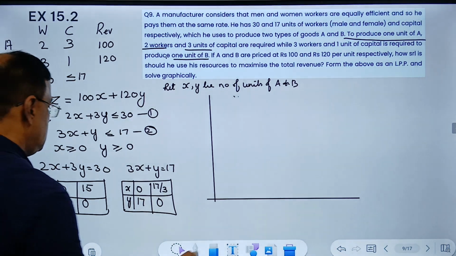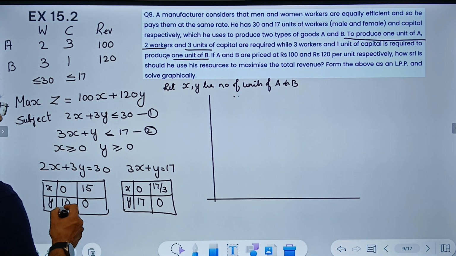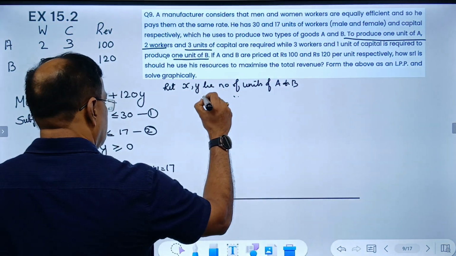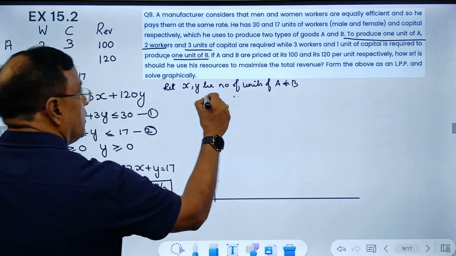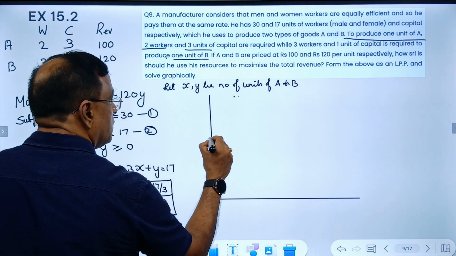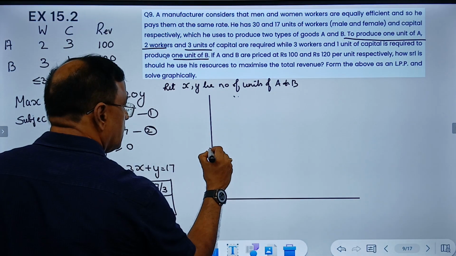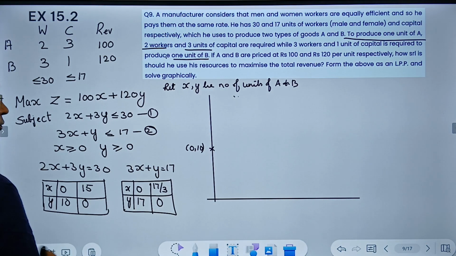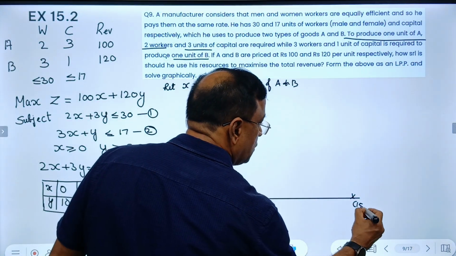So I'll just draw a rough diagram. 0 comma 10. So you are having 17 also. This is 0 comma 10 and 15 comma 0. Please plot it properly, you'll get it.